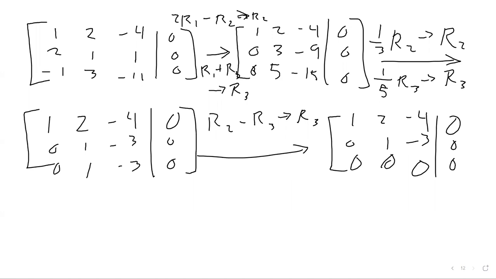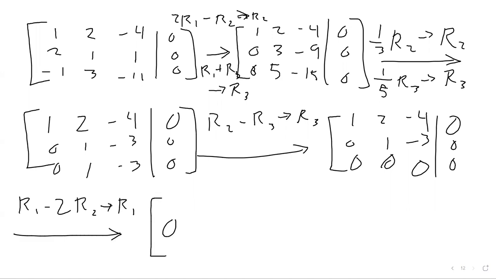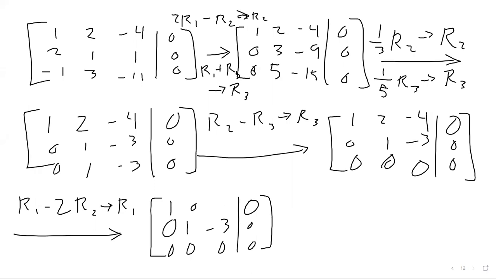If we take row 1 minus 2 row 2s and store that in row 1, that's not going to change, that's now a 0, and then 4 minus negative 3 times 2 is 4 plus 6. Negative 4 plus 6, that's 2.